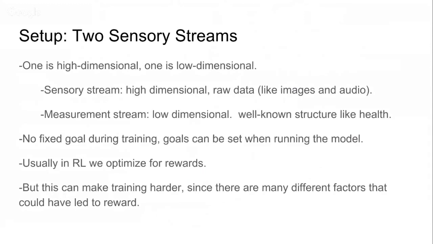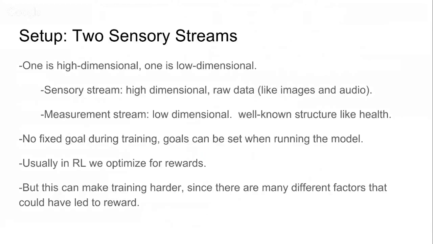So basically, the setup assumes that you have these two sensory streams. One of them is high dimensional. One of them is low dimensional. So this high dimensional stream is just the raw data, like usually what you think of as the state in reinforcement learning. So for example, if it's a game, it might just be the images.